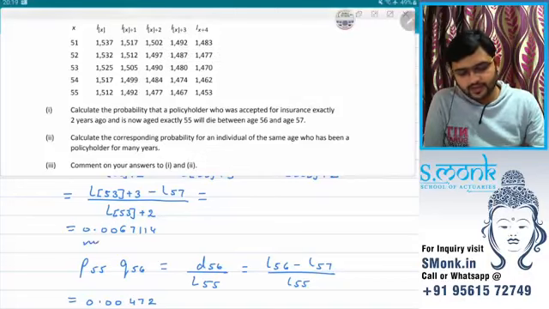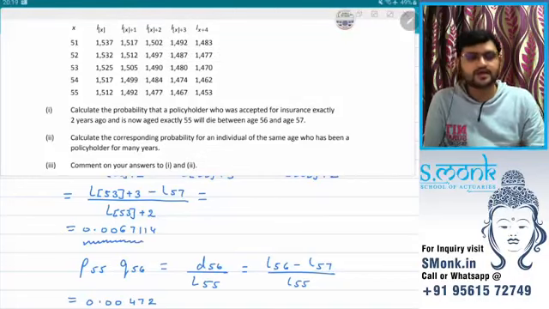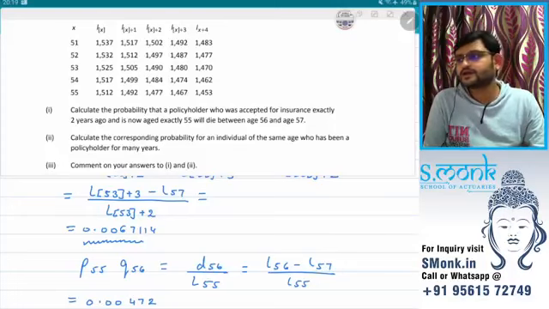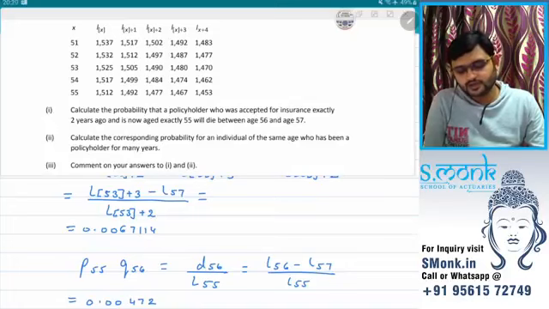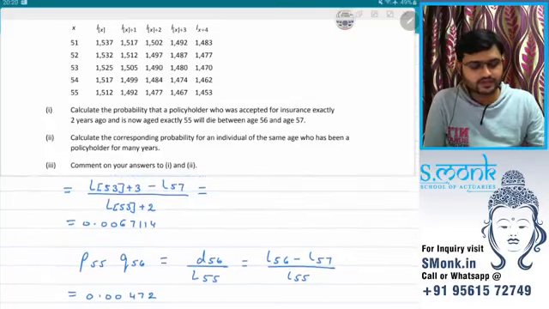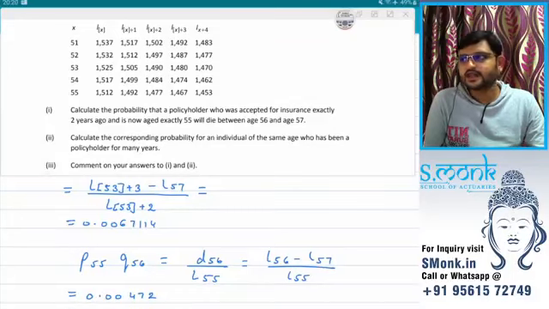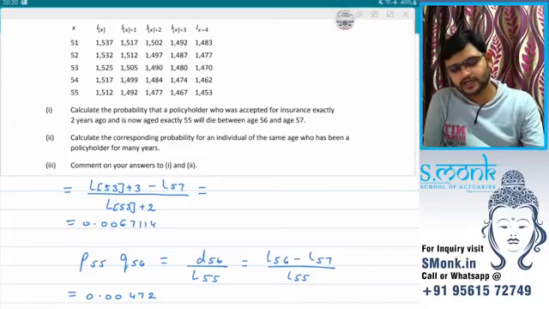The probability of death is higher for the selection value, whereas the probability of death for ultimate is lower at that particular age. So we can say that selection increases the mortality rate, at least for these ages.